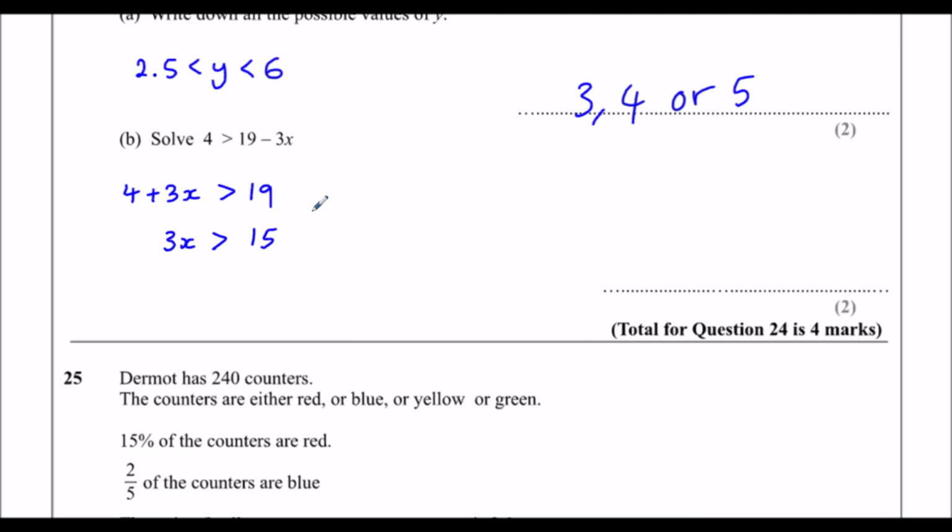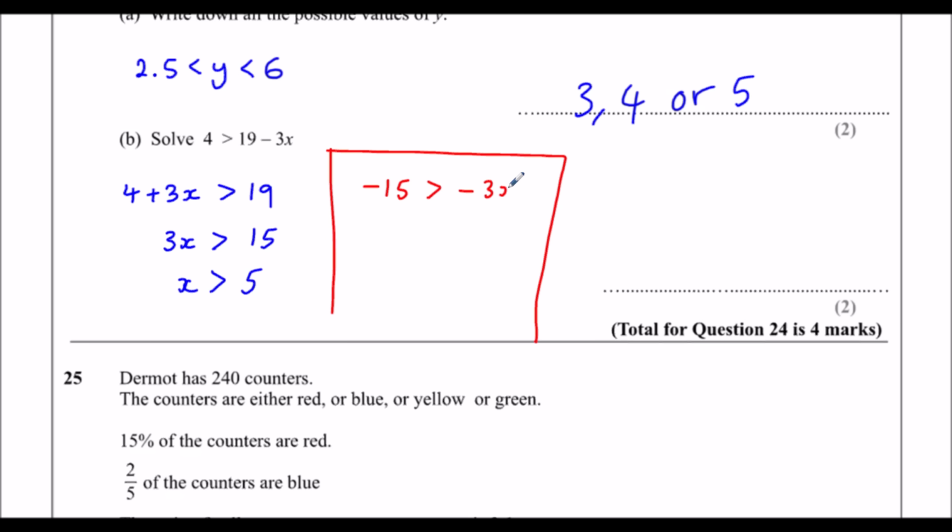And then divide both sides by 3. So x is bigger than 5. If we had divided by a negative number, so if we had said take away 19 as our first step, we'd have negative 15 is bigger than negative 3x. And then if we divided by negative 3, we'd have to flip the sign over.